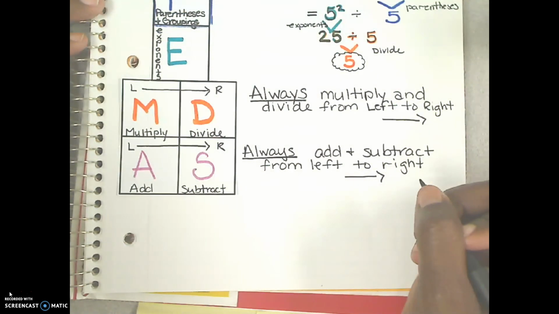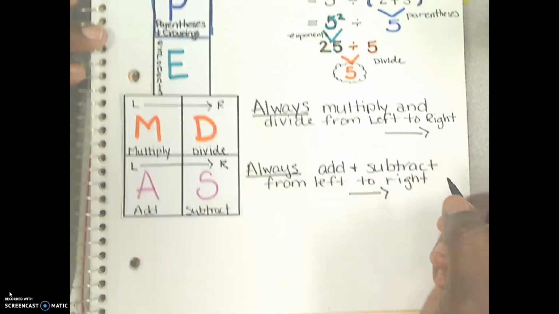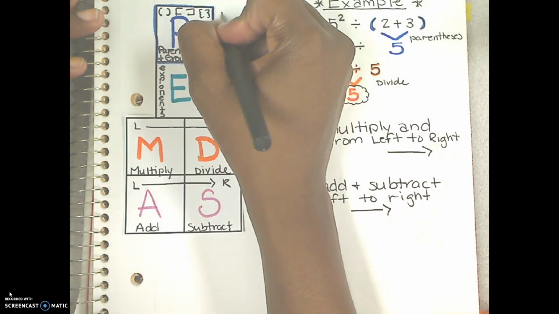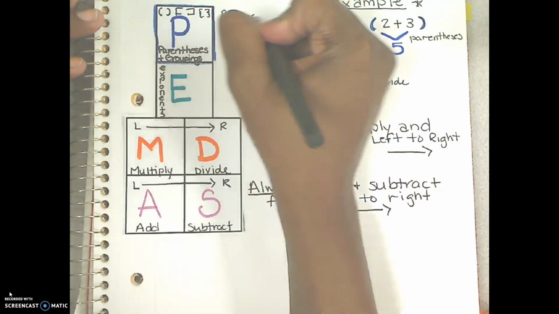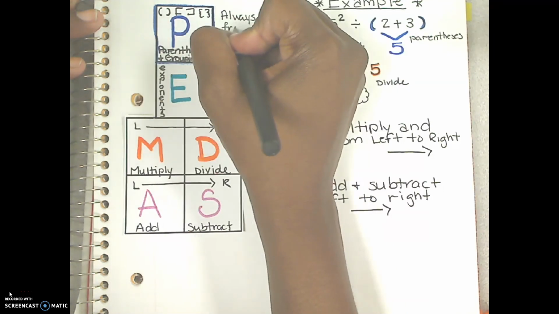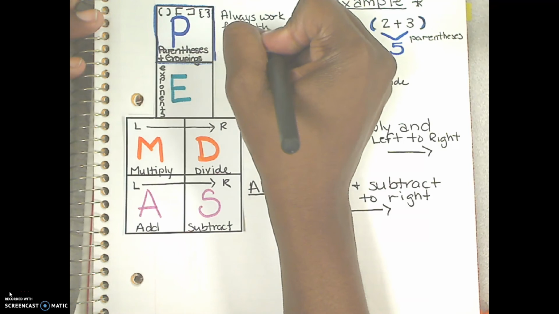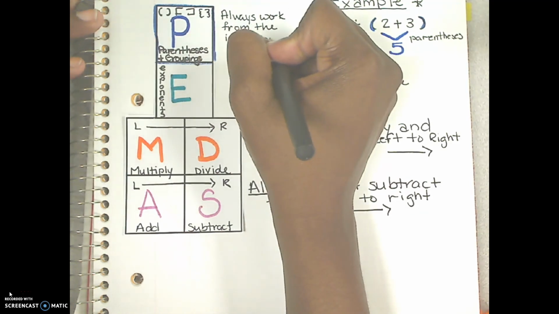And then last but not least, there are times when we get parentheses and brackets together. You always want to work your way from the inside out. So always work from the inside out.